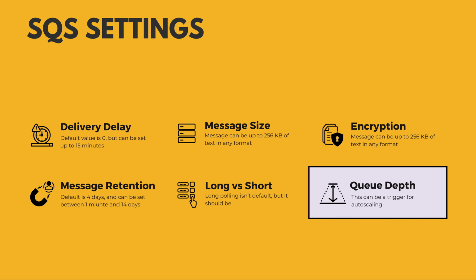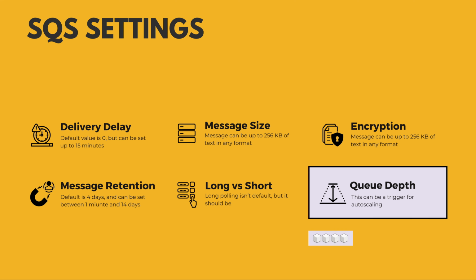Finally, queue depth. Now, queue depth is more of a value than a setting. As we discussed auto scaling in previous videos, where an EC2 instance and a load balancer sit in between, it used to scale up on the basis of requests. Now, EC2 instances can be triggered by various factors, including the depth of the SQS queue.